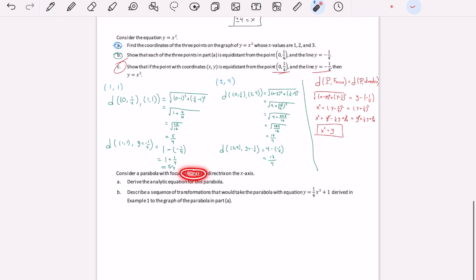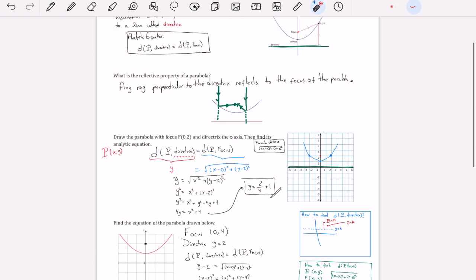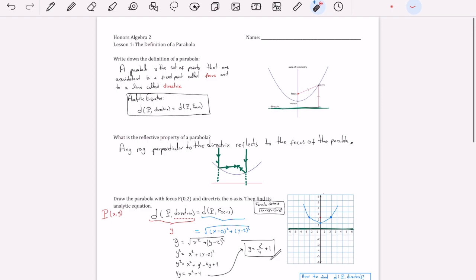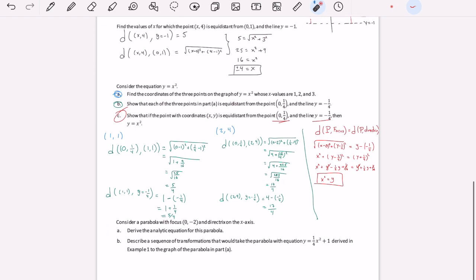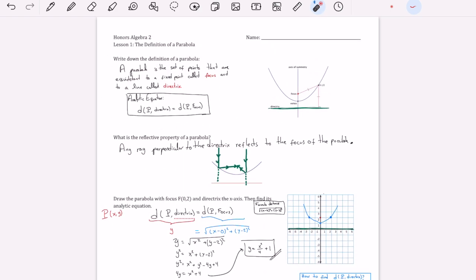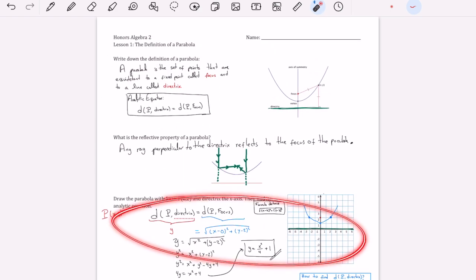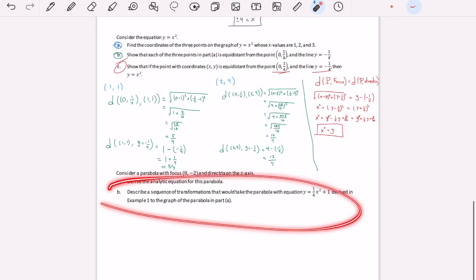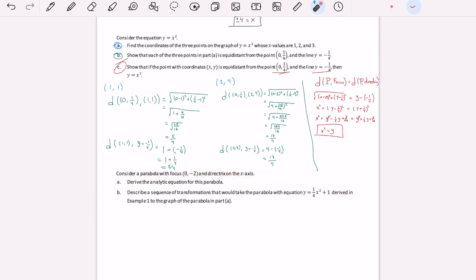But my focus, instead of being 0, 2, now it is 0, negative 2. And now, how would I change that parabola into this parabola that I got here? What is the sequence of transformations? That is my example 1. This is the example 1, no? So how would you relate this parabola to the parabola that I'm going to get here?